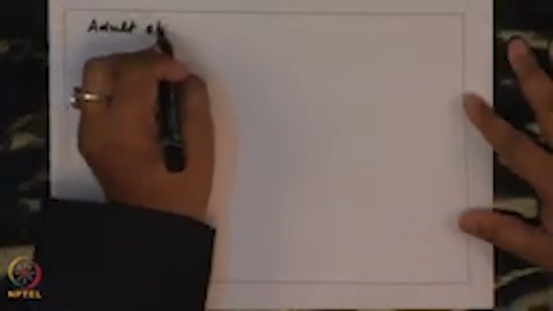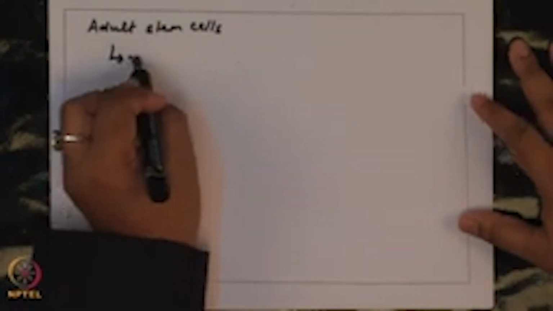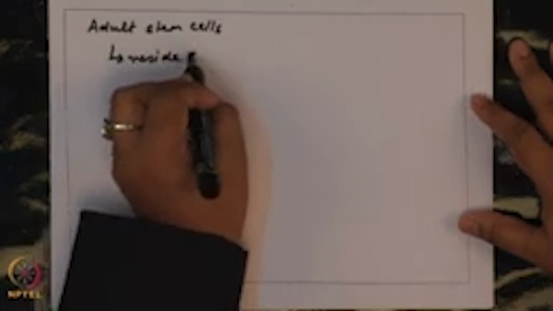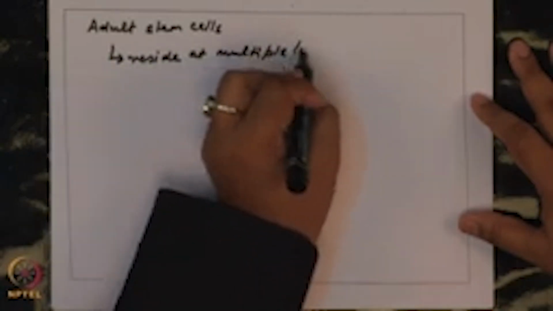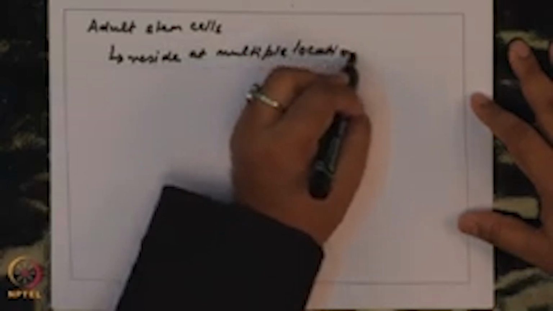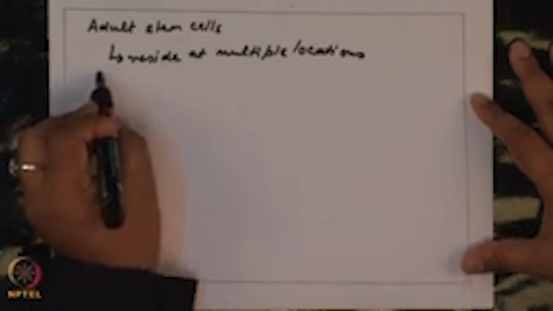Okay. In contrast, you have adult stem cells. These stem cells reside at multiple locations. And so, you have isolation of adult stem cells.